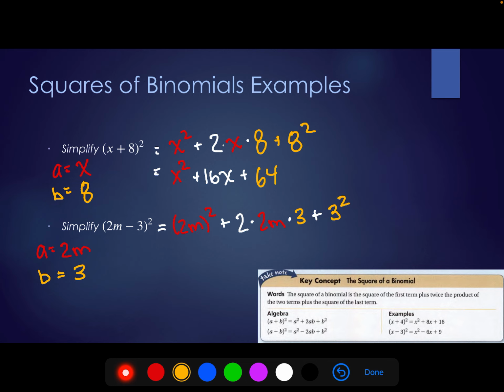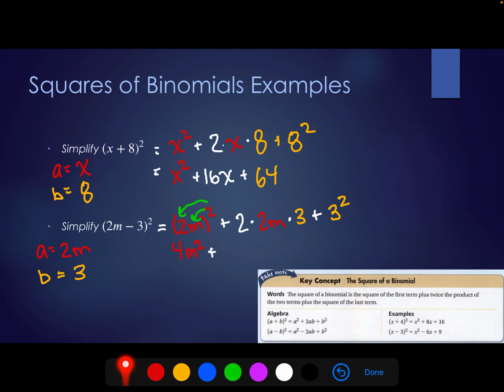And now we go ahead and we simplify. So we take a look at this 2m squared. Remember, this is a product raised to a power, so we distribute this exponent to each of the terms inside. Right, so this is 2 squared, which is 4, and then m squared. And then we have plus 2 times 2m times 3.